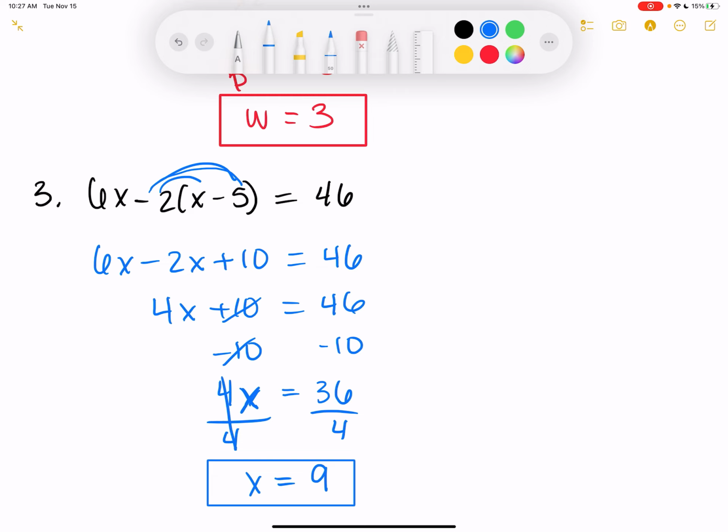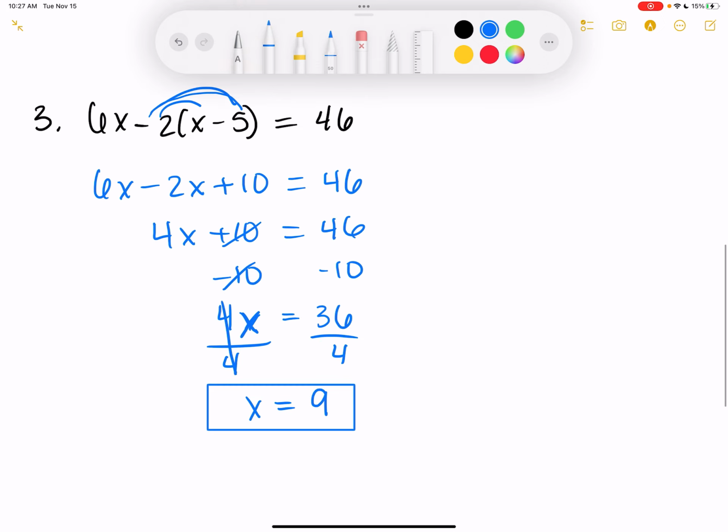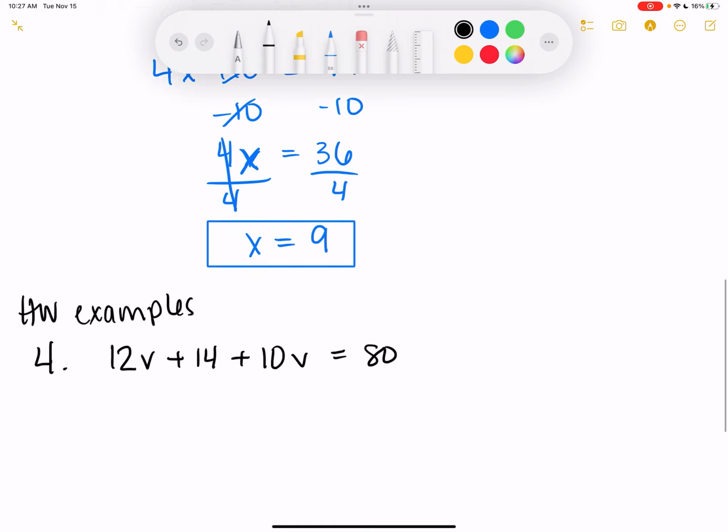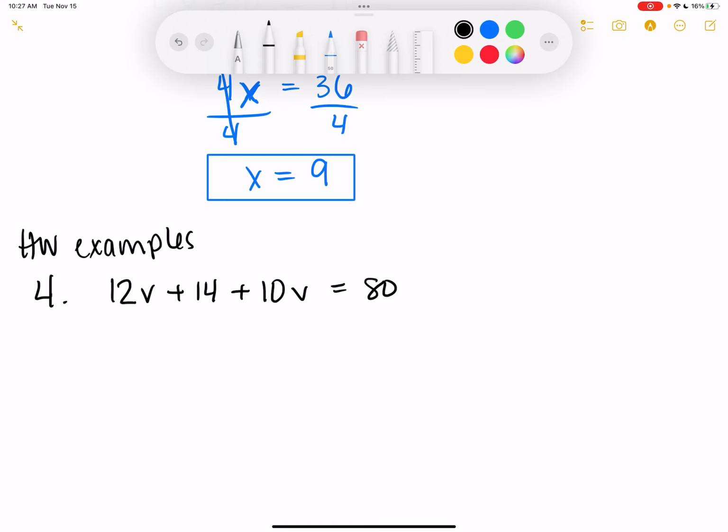So let's look at some of the actual homework problems. Homework examples now. Number 4, we have 12v plus 14 plus 10v equals 80. So what's my first step?